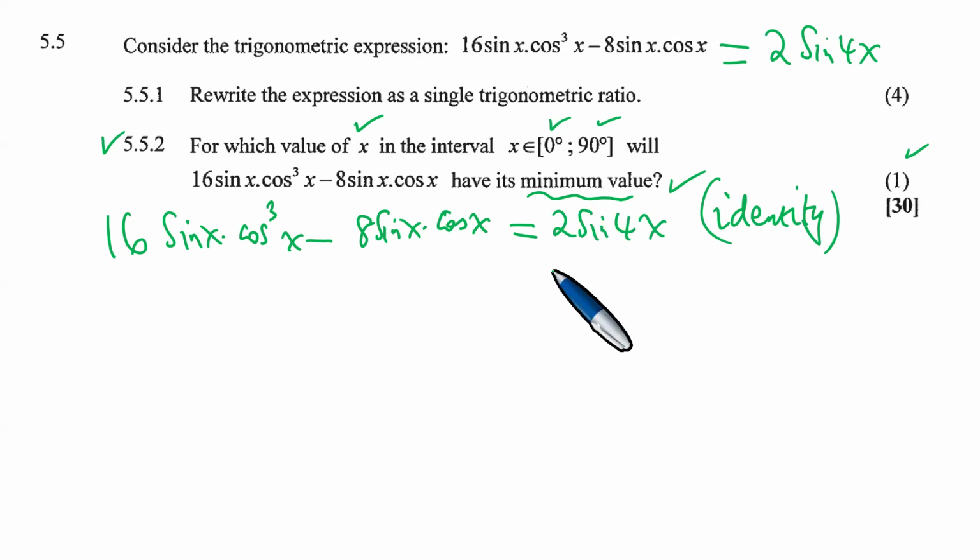You get the point? I agree with you, minus 90 makes a lot of sense, but the examiner is saying, students, don't go far, please. We want the minimum between 0 and 90. Positive angles only. No negatives.